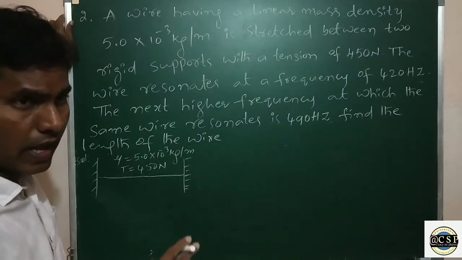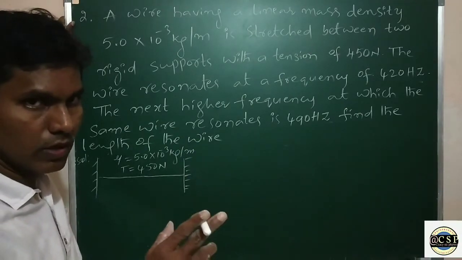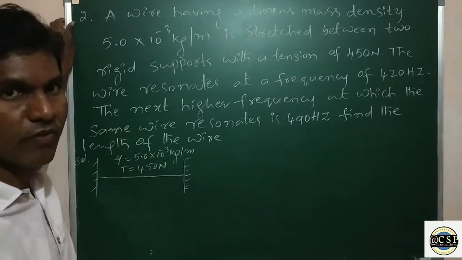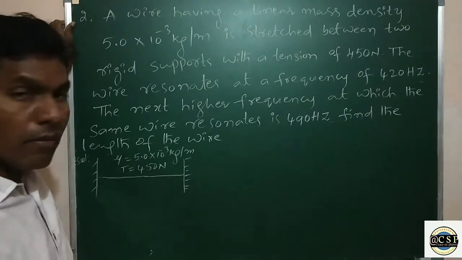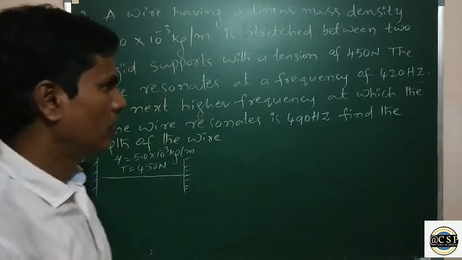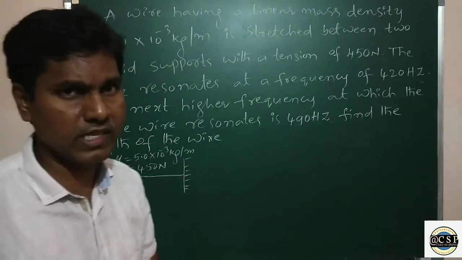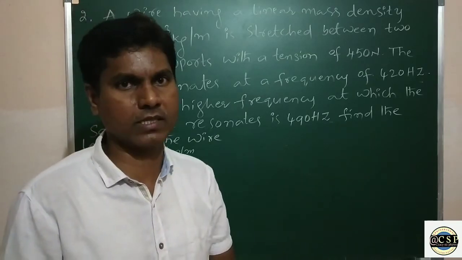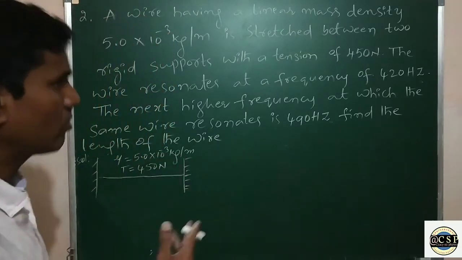After attaching to two rigid supports, the wire is vibrating. A number of harmonics are formed between the two rigid supports. We don't know how many harmonics are formed between the supports, and we have to calculate it.